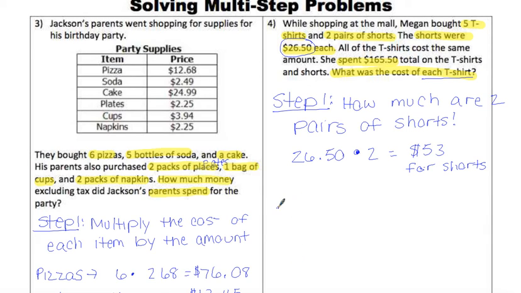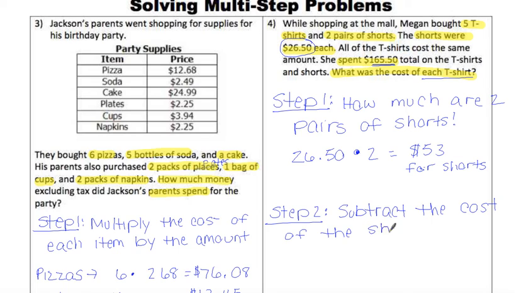But I'm not looking for the cost of the shorts, I'm looking for the cost of each t-shirt. So for step 2, you need to subtract the cost of the shorts from this total cost to figure out what's left for the shirts. So we're going to subtract the cost of the shorts from the total cost.